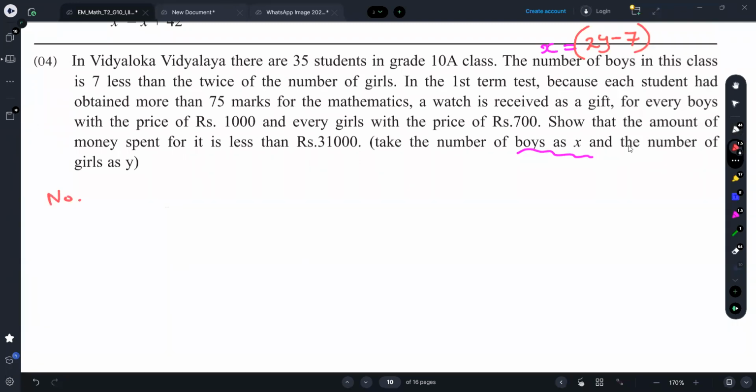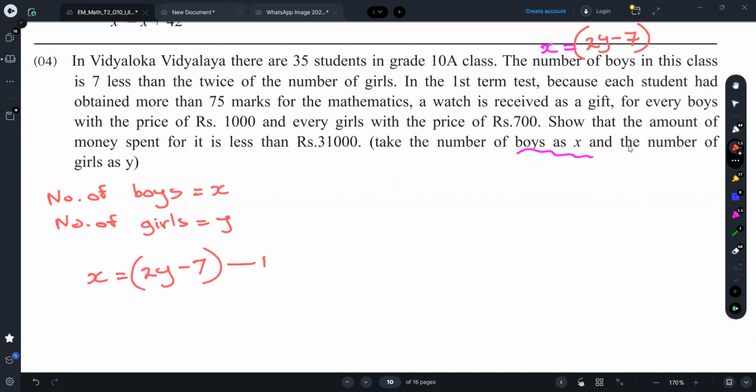Number of boys equals X. Number of girls equals Y. Then number of boys X equals 2Y minus 7.